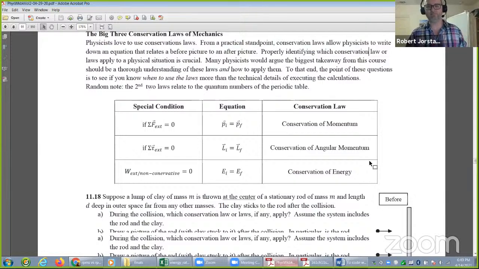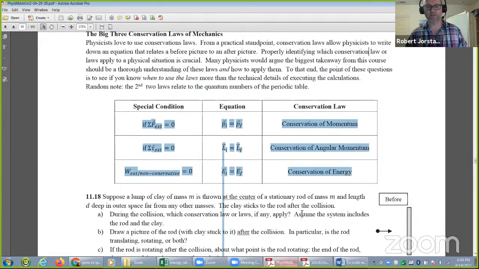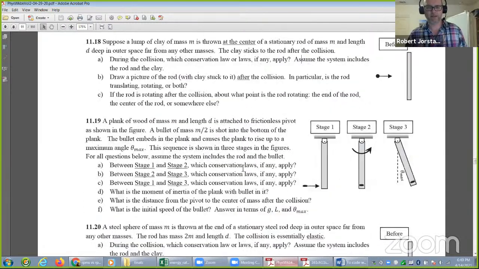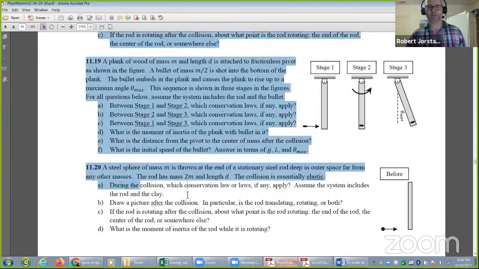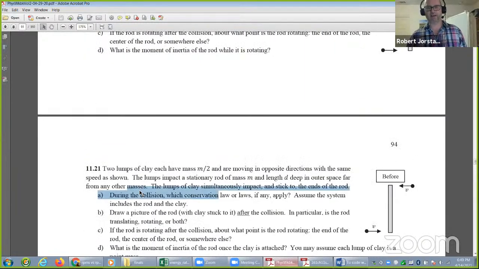If you're sitting there going, man, I'm just not good at knowing when to use these, look at this one. Which conservation laws apply? If you do like part A of all these, you'll be much better at identifying, because you're probably pretty good at math once you know which equation to use. So that's what those problems are for.